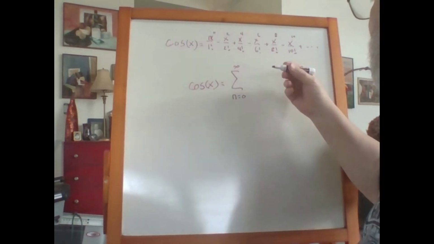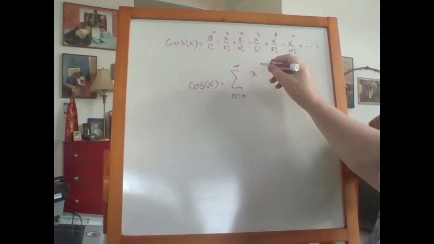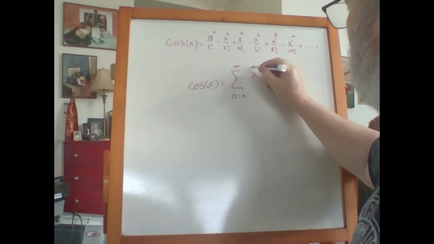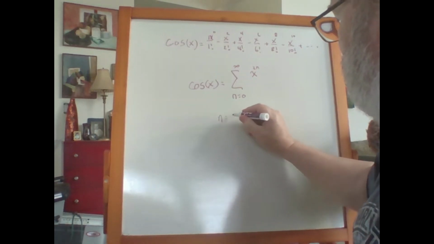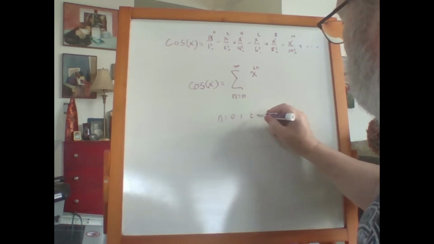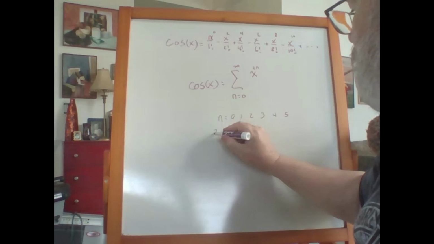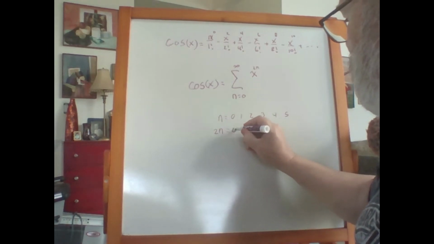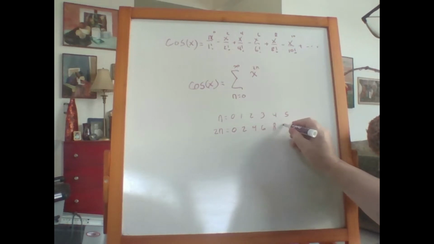First off, we're going to have an x, and we're going to have a 2 times n, because when n equals 0, 1, 2, 3, 4, 5, and so on, 2n equals 0, 2, 4, 6, 8, 10.